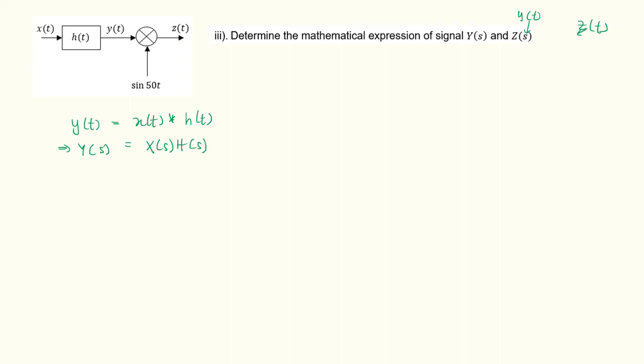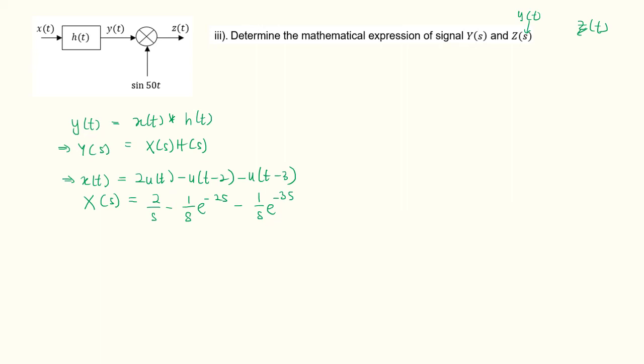So what is your Xs? Xs is from question 1. You know that your xt from question 1 equals 2ut minus ut minus 2 minus ut minus 3. So your Xs is equal to 2 over s minus 1 over s e to the minus 2s minus 1 over s e to the minus 3s.